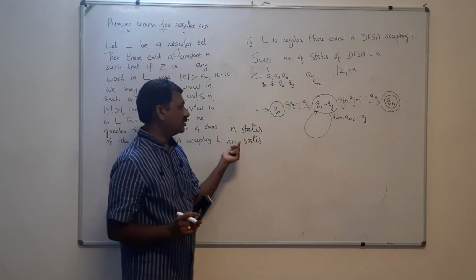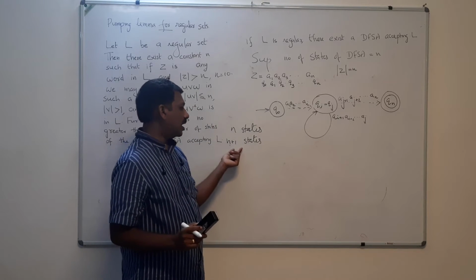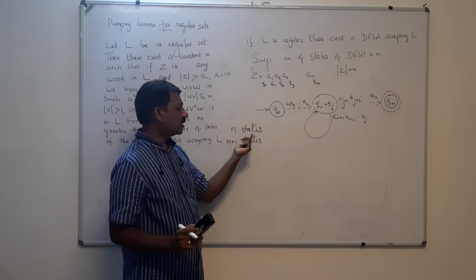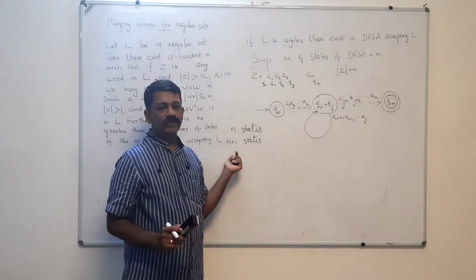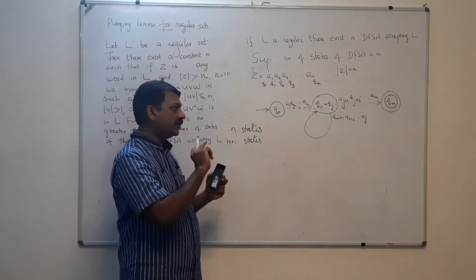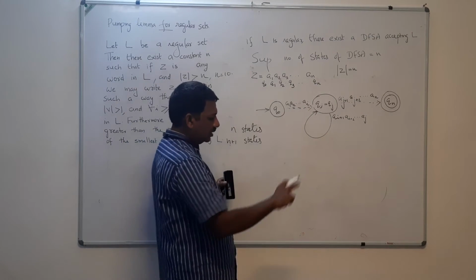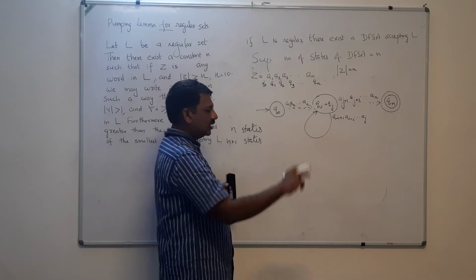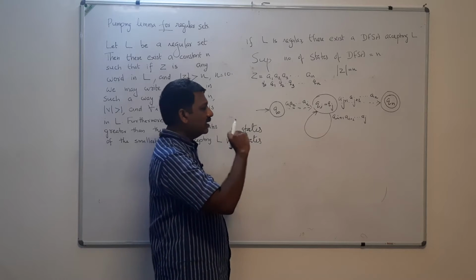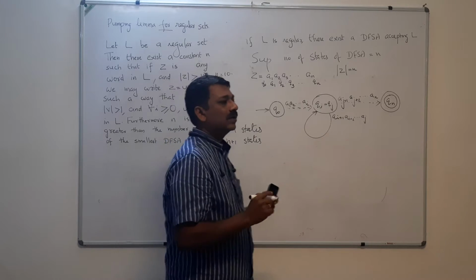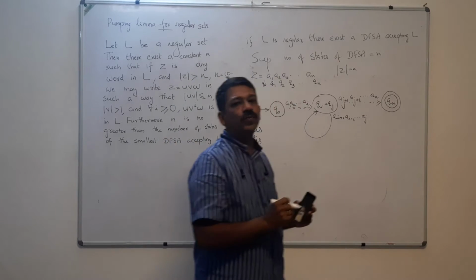At this point, we conclude that it has repeated some state. That means after passing through one state, it came back to the same state. That means there is a loop.